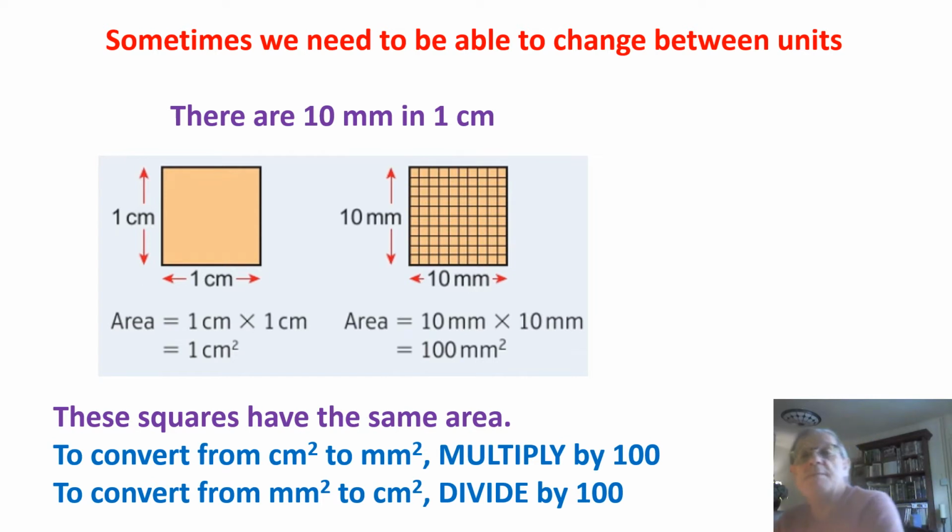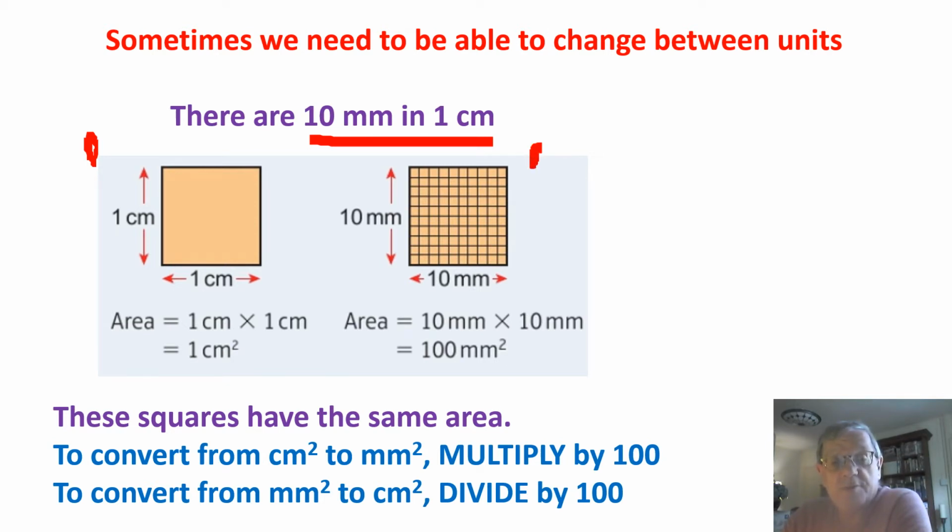Sometimes we need to be able to change between units. There are 10 millimeters in 1 centimeter. So if I draw a centimeter square here, and I draw a 10 millimeter by 10 millimeter square here, which is still 1 centimeter by 1 centimeter, the areas of the squares are the same. The area of this one here is 1 times 1, which is 1 square centimeter.